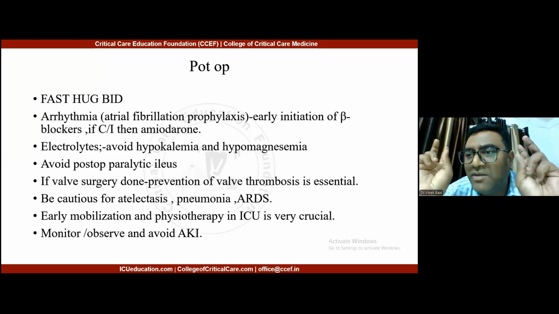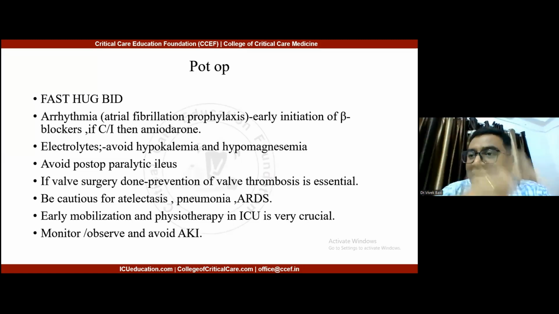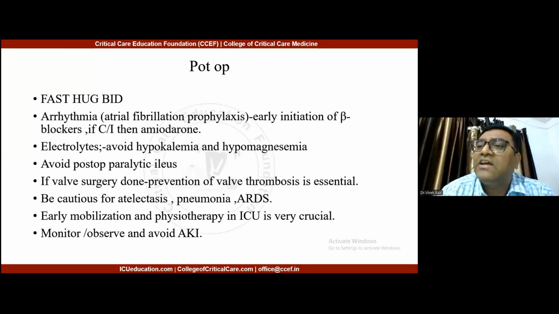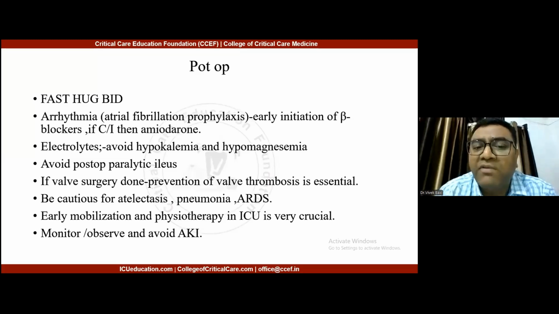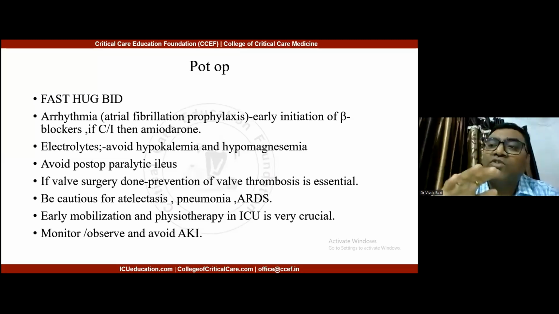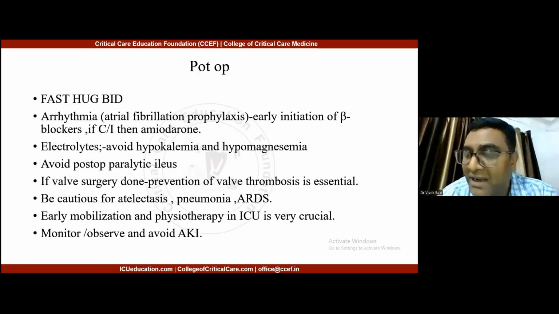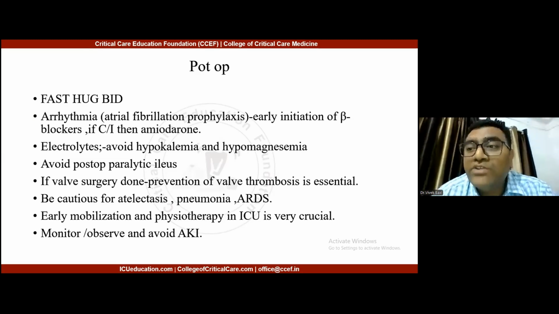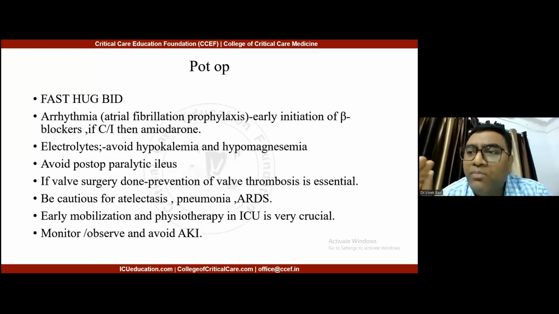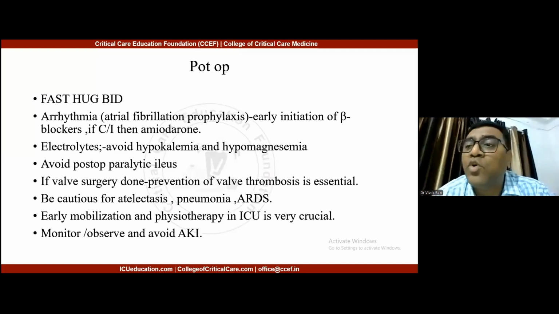You may remember that hypomagnesemia mnemonic, diarrhea, diabetes, 7Ds, daru. So if you see an already diabetic patient, try to prevent hypokalemia and hypomagnesemia, because electrolyte imbalances can lead to VT, VF and atrial fibrillation. The most important thing which you may come across is post-operative paralytic ileus.